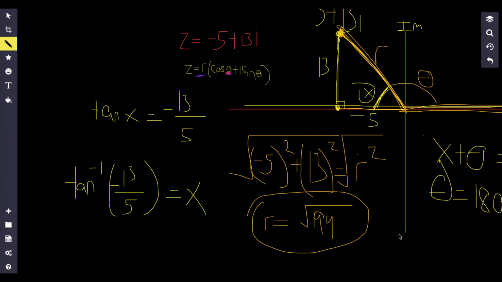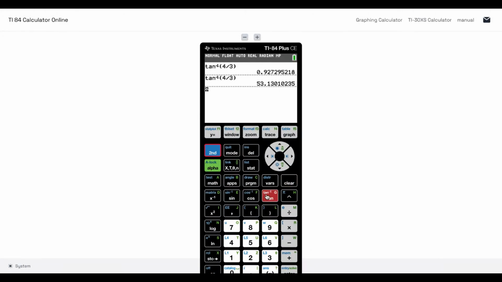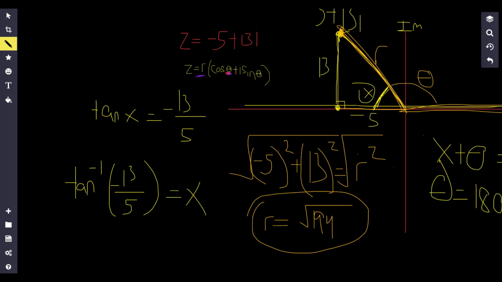If we plug this into my calculator, I'm going to get about -1.2 radians.